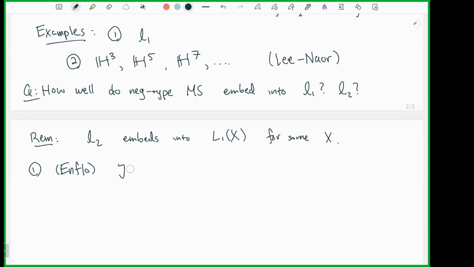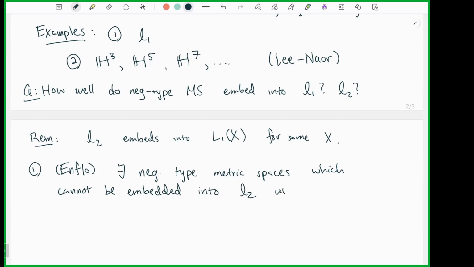I'll write it like this: for every n, there exist negative type metric spaces of size n which cannot be embedded into L2 with distortion better than a constant times root log n.